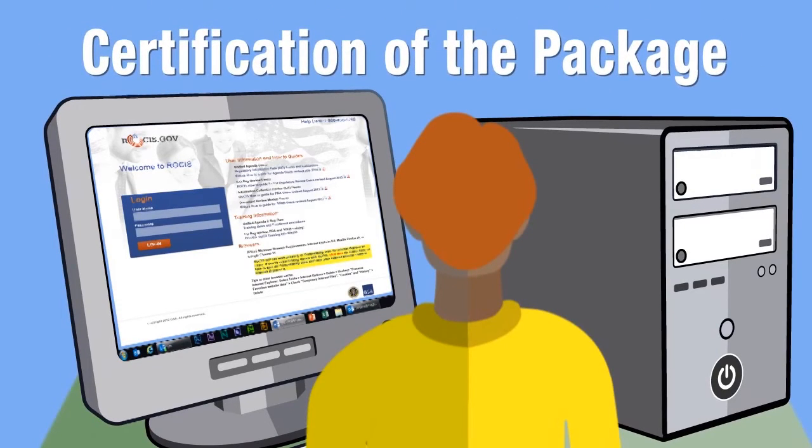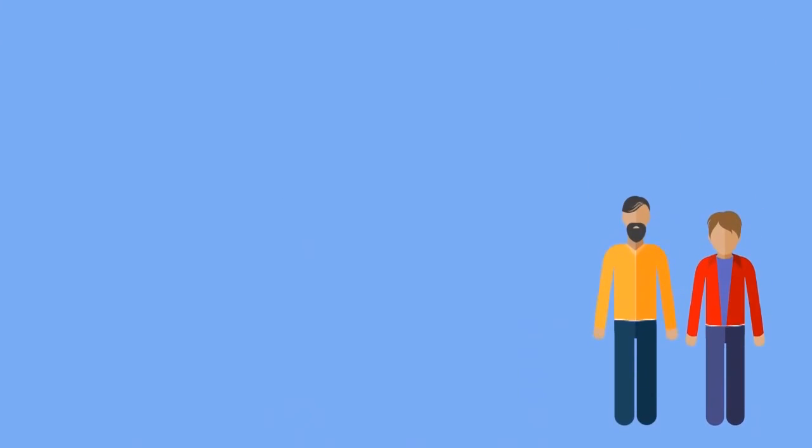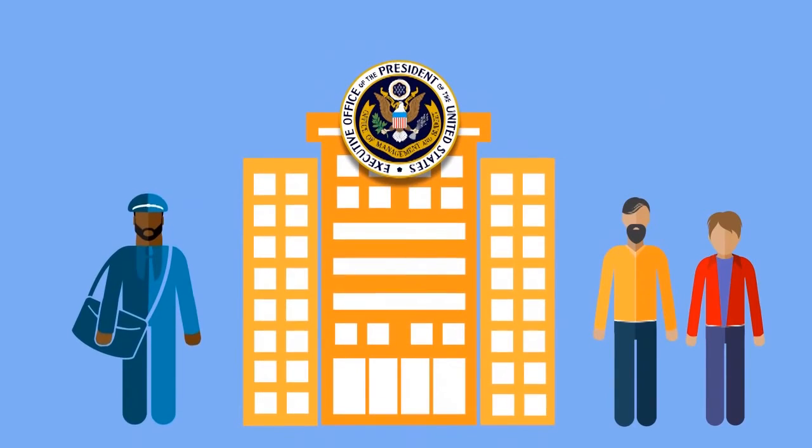Upon certification of the package, the Department's Reports Clearance Officer will submit the package to OMB for review and approval. This second opportunity for comment notifies the public that the clearance request has been submitted to OMB, and now the public has an opportunity to comment on the final version of the information collection request.